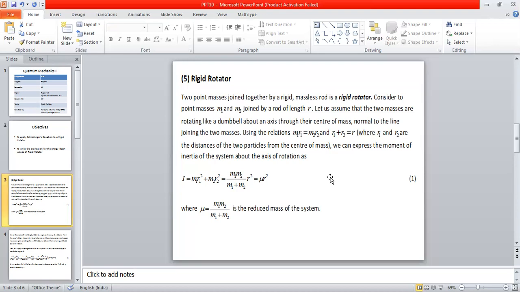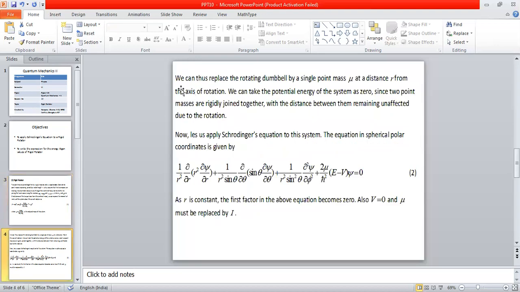So we have reduced the two particle system into a one particle system, and that reduced system has a mass of m1 m2 divided by m1 plus m2. That's why this particular quantity is called the reduced mass of the system.